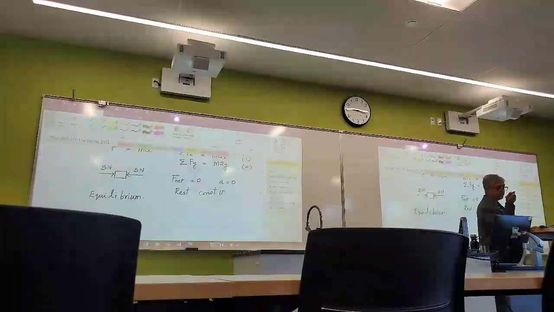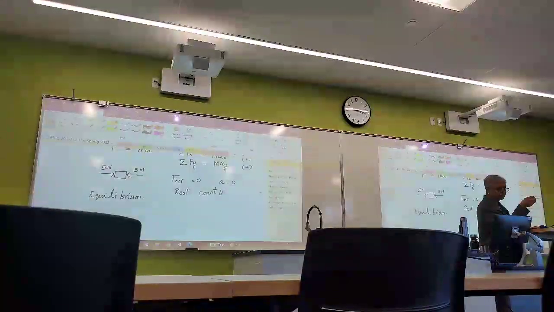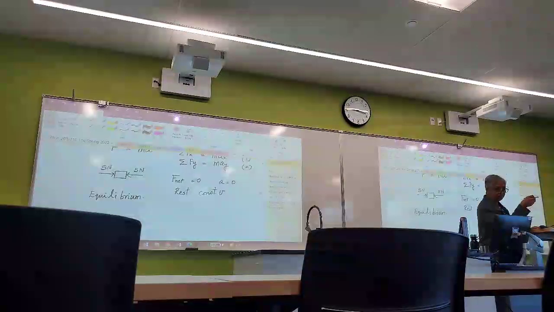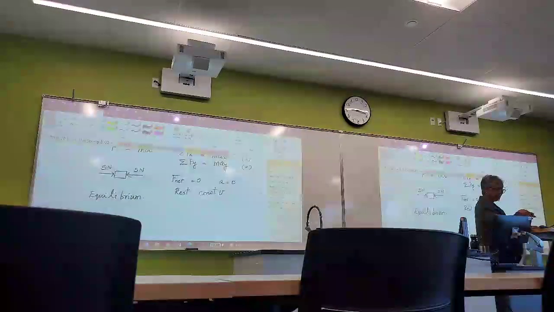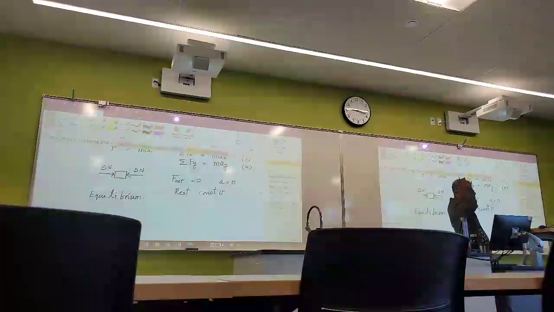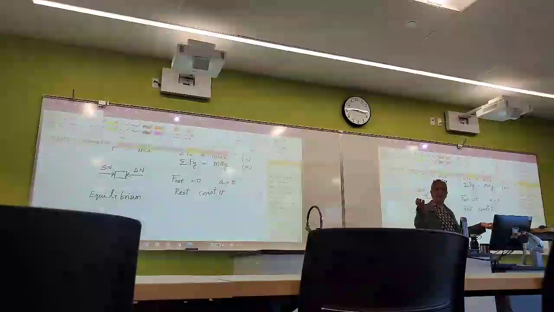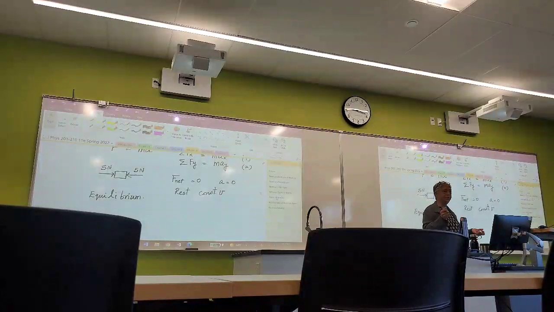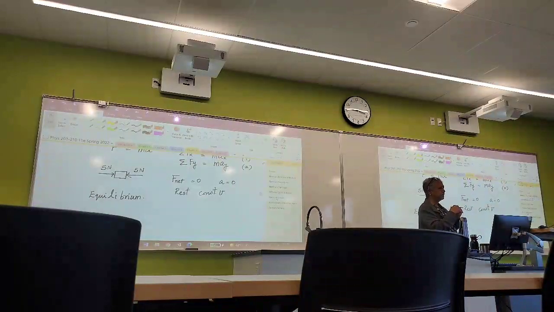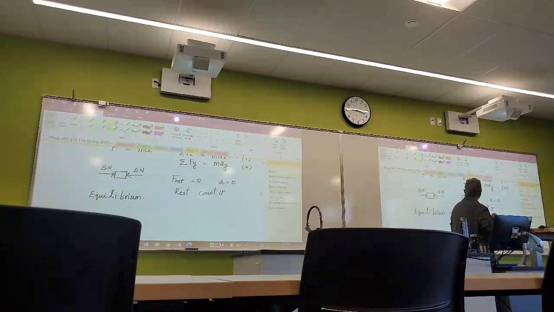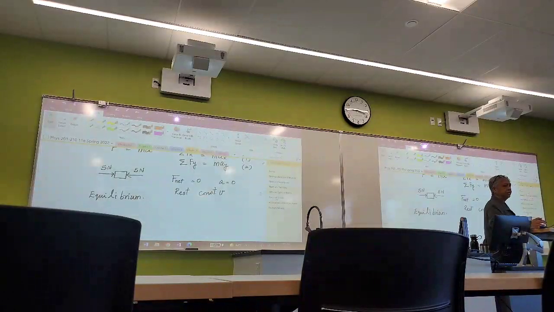If the acceleration is zero, will the force be zero? Net force will be zero. Doesn't mean that there is no force, correct? In this case, there are two forces acting, and still the acceleration is zero, right? So we are not talking about the total force, we are talking about the net force, we are talking about the direction of the force. So we are thinking about all those things, and we say that the object is in equilibrium.